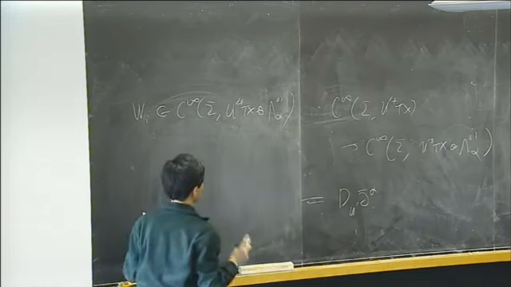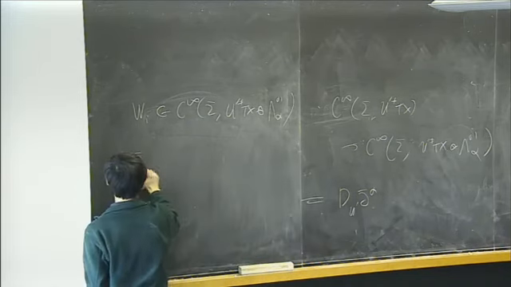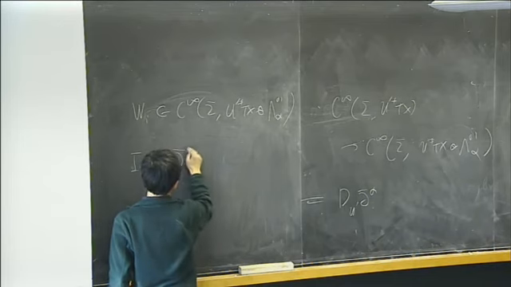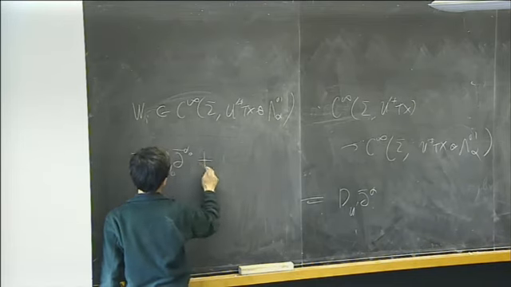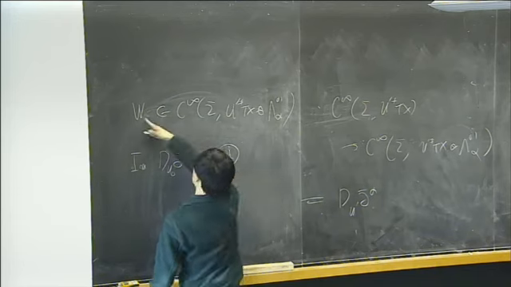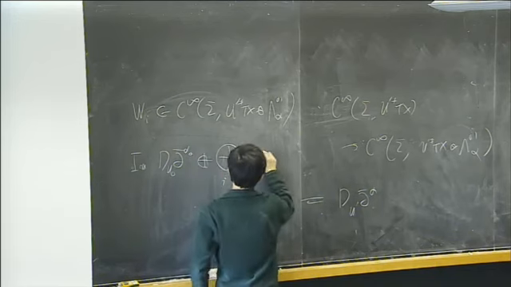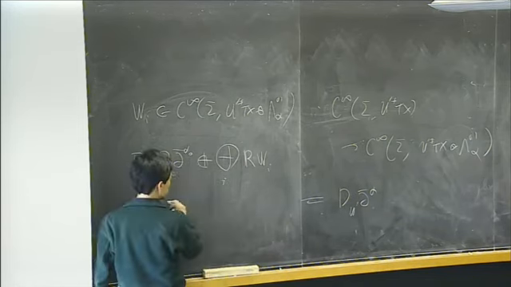Then the restriction is just you take the image of this operator. Then you take the sum over all these Wi. Then this is everything. This is something we assume.